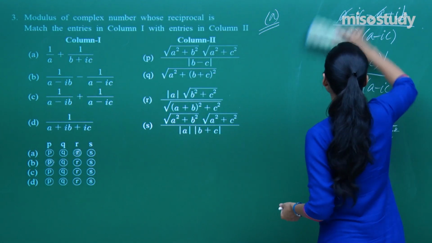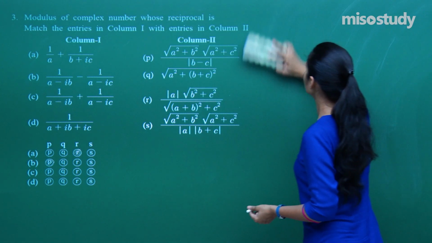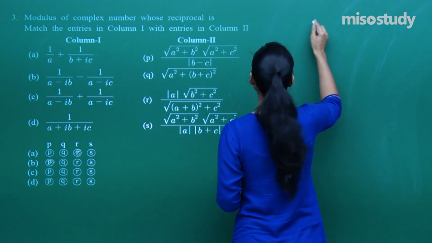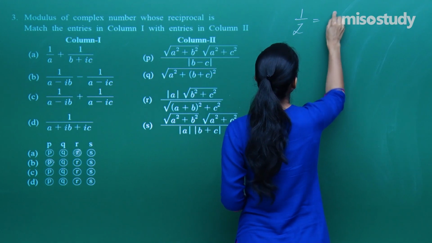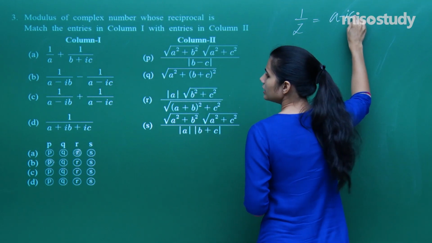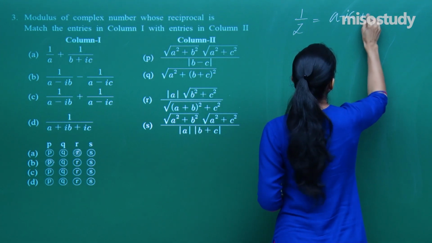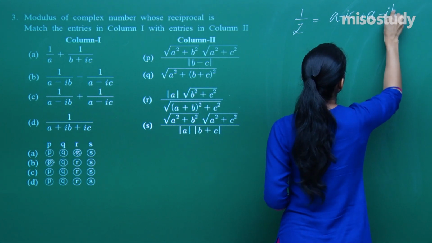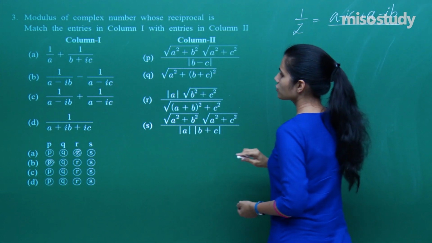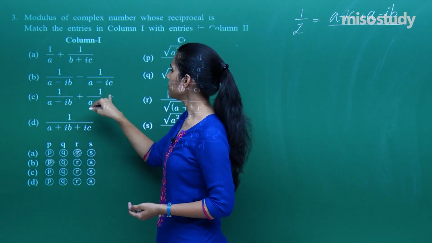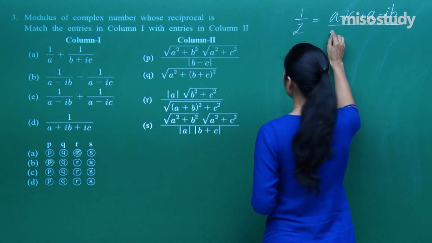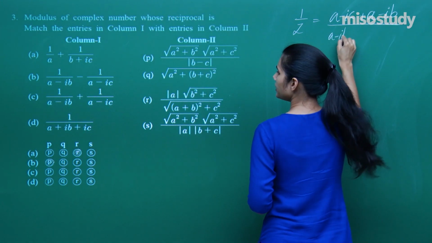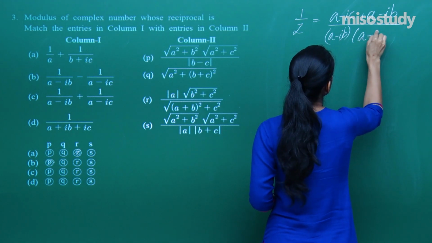After this, what is it that you have? Let's see. You have a minus iota c plus a minus iota b, right? So you basically have a minus iota c plus a minus iota b upon a minus iota b into a minus iota c.